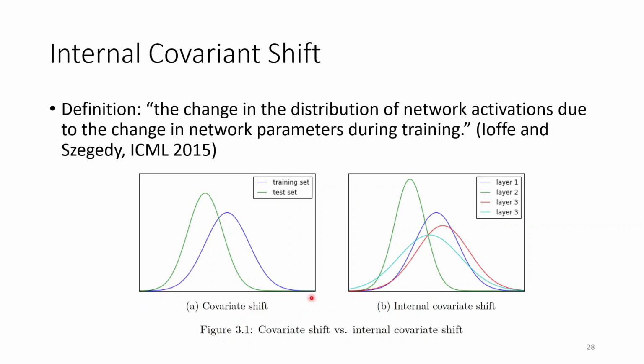And if it happens when you keep changing those weight parameters, then it's called internal covariate shift. Like this one: for the first layer, you have a certain distribution.